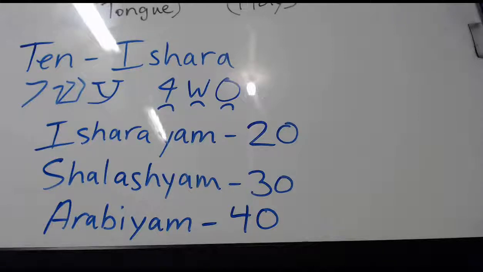So let's get with the next one. Now you don't put no connectors or nothing. When you're writing in Hebrew, it's all one word. Shalashim. Arabayim. All of them is one word.